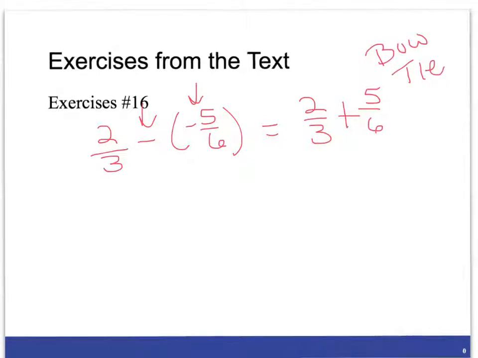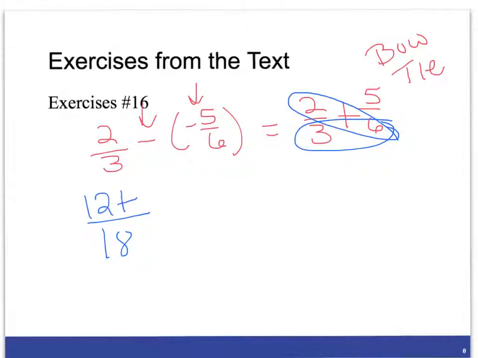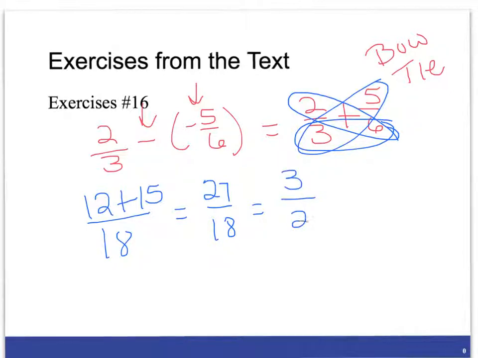So you simply just multiply these together first, and that gives me 18. Then I multiply here, that gives me 12. Keep the operation, and I multiply here, and that gives me 15. You add those together on the top, you get 27 over 18. If you simplify that, guys, I hope you remember how to simplify. You get 3 over 2.